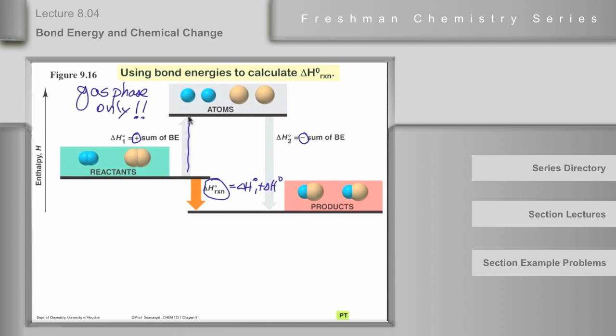The length of this arrow and the length of that arrow have opposite signs. So the idea is we will use bond energies for gas phase reactions to get an estimate of what delta H reaction is, particularly for reactions where we can't measure.